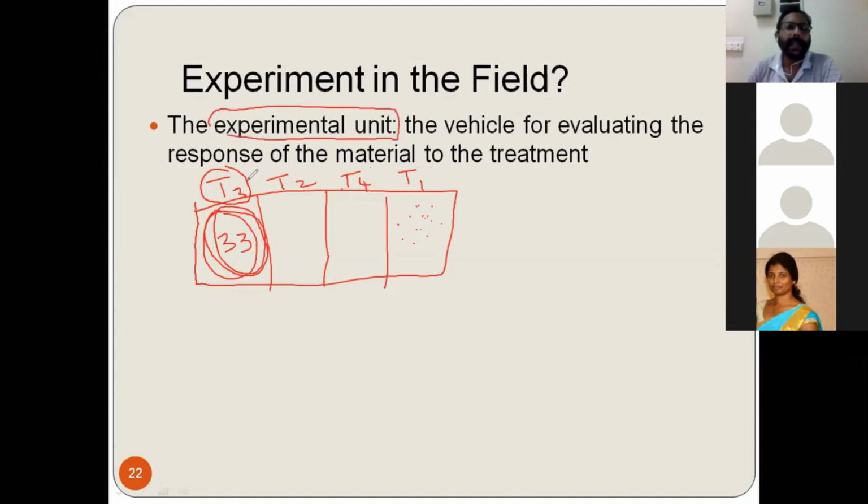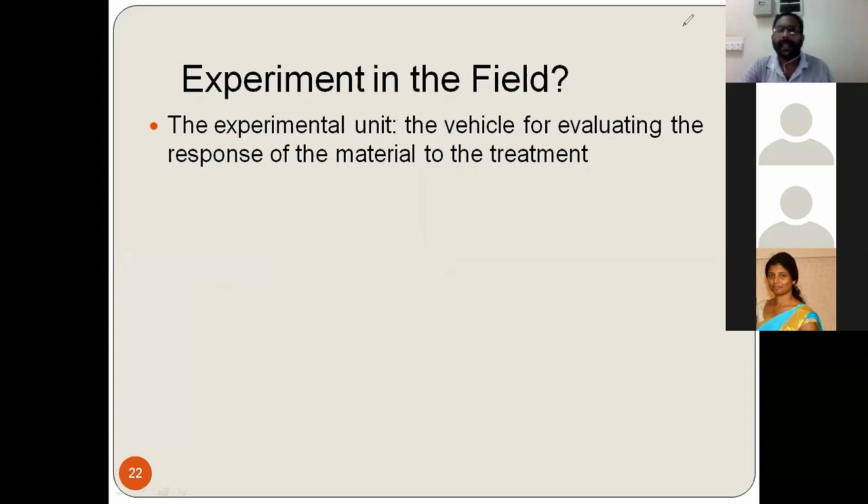To measure the response of that treatment, I'll have to measure the plants in that particular plot. So it is the unit where we measure the response of that particular treatment. Clear? Right. That is called the experimental unit, which I have already explained to you as well.